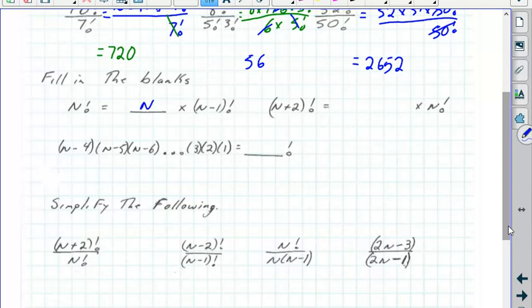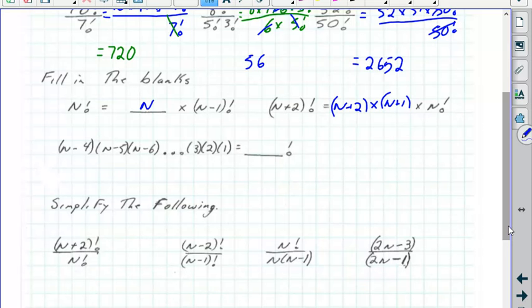Well, it's going to be the number n plus 2. What's 1 less than n plus 2? N plus 1. What's 1 less than n plus 1? N. And that's why we stop with n factorial.